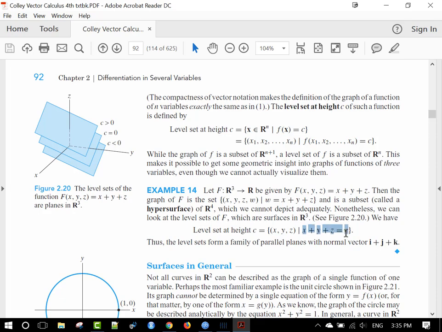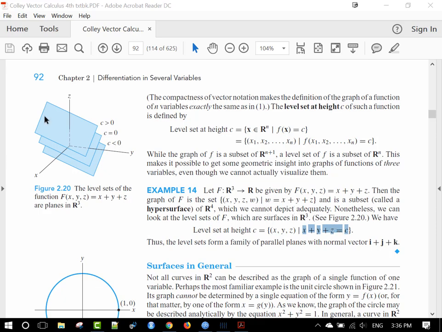For a particular c, this is a plane. So with different c's, we get different planes, but they're all parallel, right? If you say what the normal vector to the surface is, you can see that they all have the same normal vector. So they're all parallel. So those are the level surfaces.